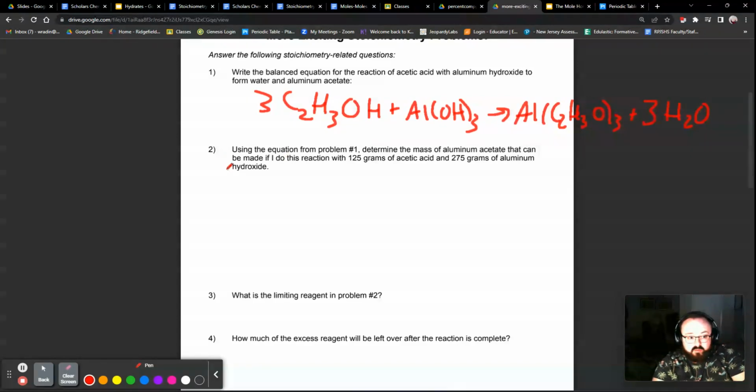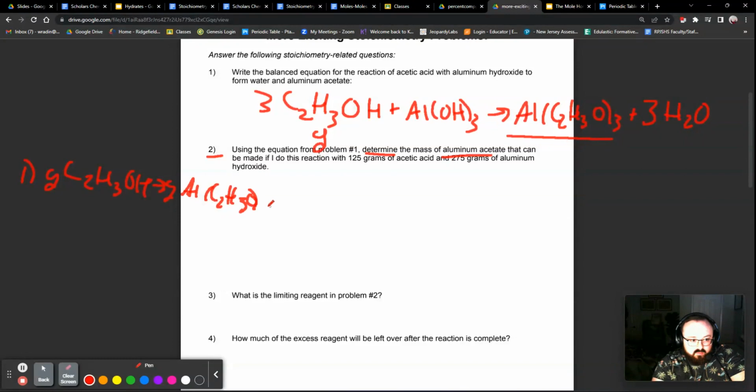If you want to do question 2, what this means is determining the mass. It basically means converting grams of both of my reactants into grams of aluminum acetate, which is this big one. So one is going to be grams of C2H3OH into grams of Al(C2H3O)3.